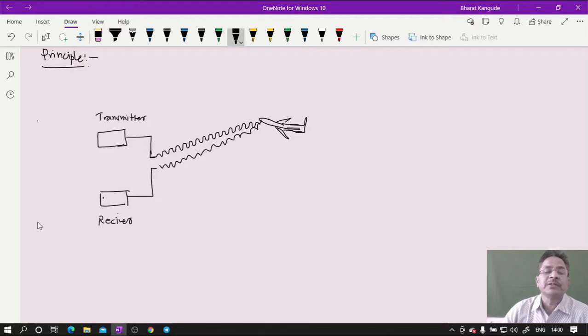The same wave is repeated. So this is the transmission wave and this is the reflected wave. This is actually a pulse: the transmitted pulse, and this is the reflected pulse.